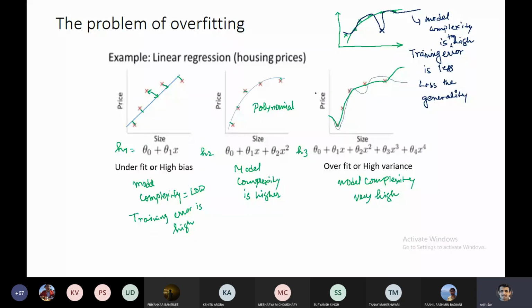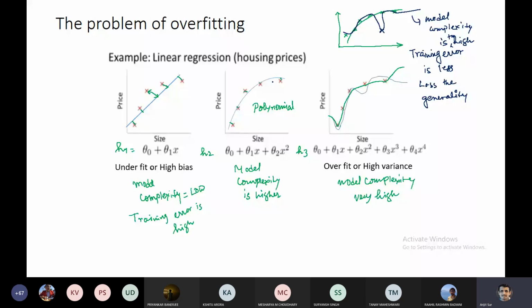Now what do you mean by generality? Just see the curve. This curve is essentially going to represent these points, assuming that these data points obey some distribution, and it is not very random in nature.